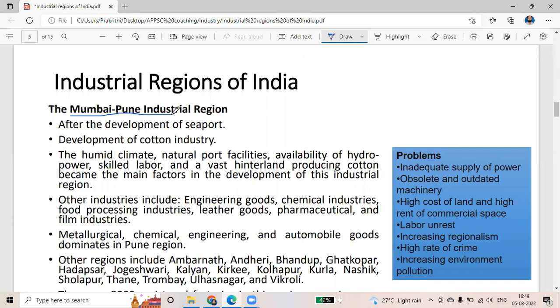And there are a lot of capitalists in the Mumbai region who give capital for industry. We also have the Mumbai port. There are so many factors which attract industries to the Mumbai-Pune industrial region.